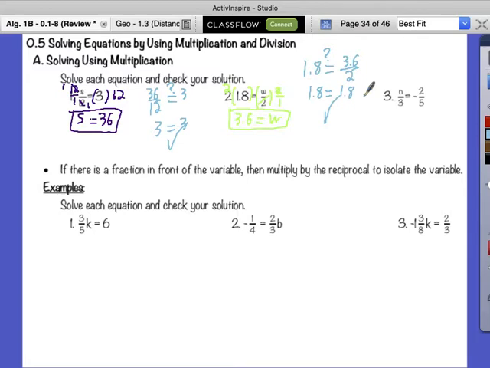If you want to leave it as an improper fraction or a mixed number, either is okay. You lost your sign. Oh, you got it. So would I multiply 3 by... Is that what you're asking?